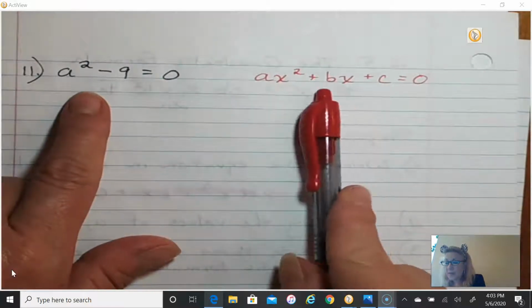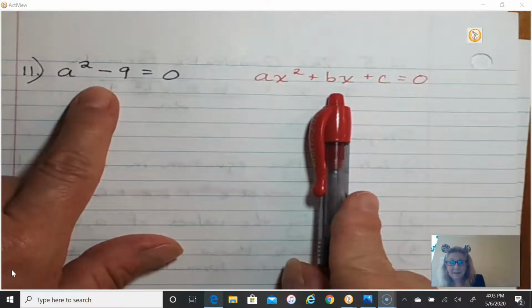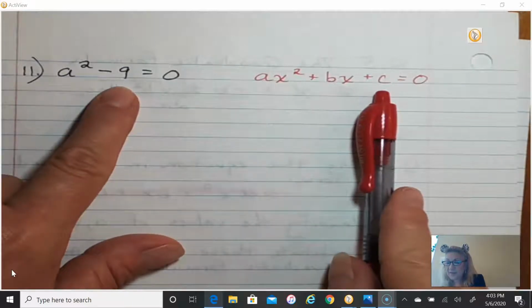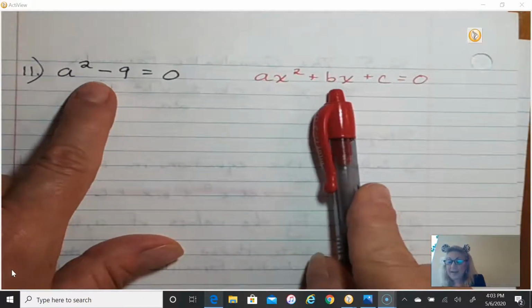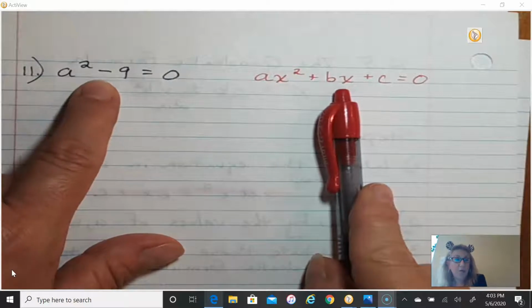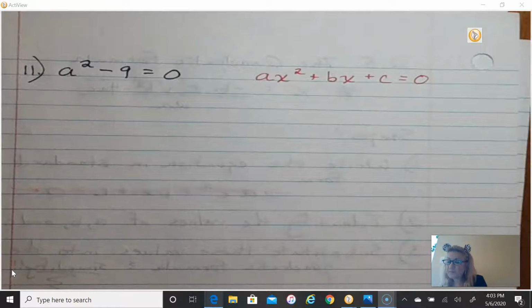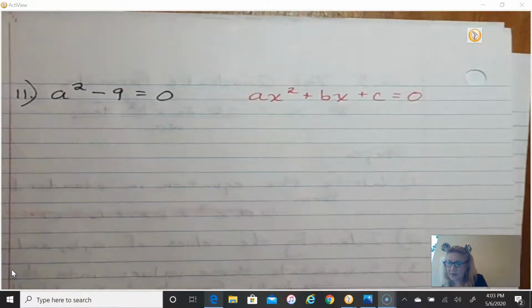Notice that the bx is missing. We have the ax squared, we have the c, but the bx, the regular x, it's missing. And even though that's an a, it's okay.